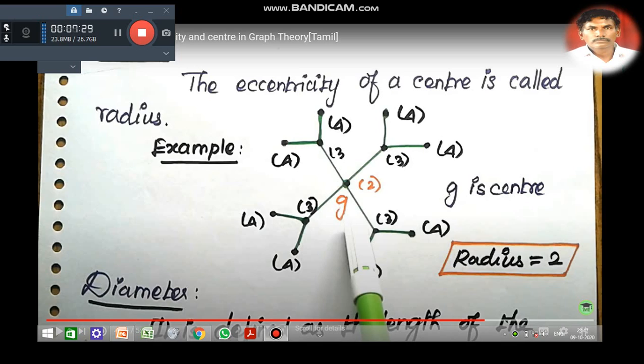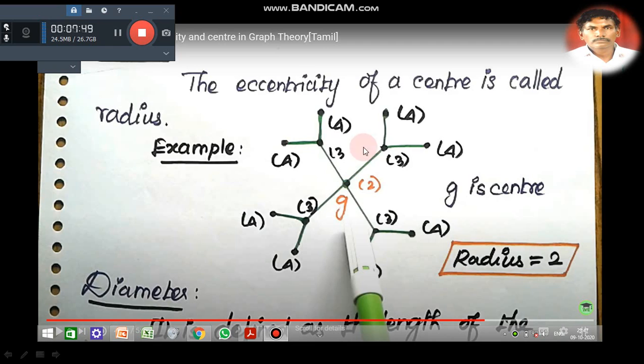That distance is the eccentricity, here 2 units, therefore the radius is 2. So I repeat again: the eccentricity of a center is called the radius, and here the eccentricity of the center G is 2, therefore the radius is 2.